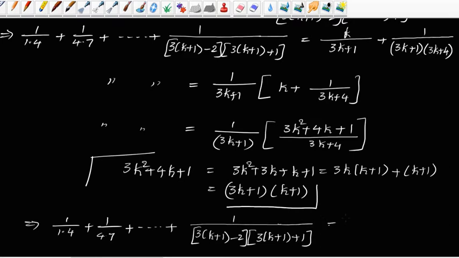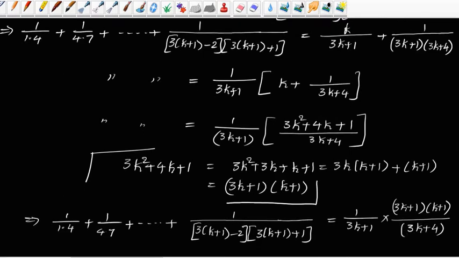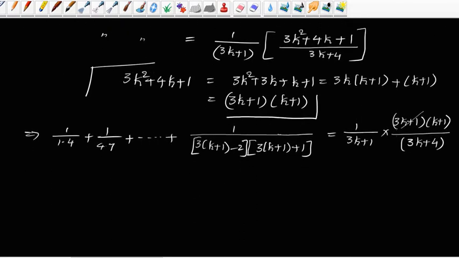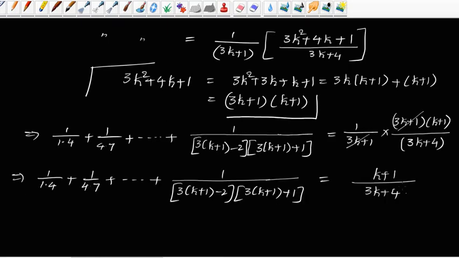Plus 1, which is equal to the final answer, 1 by 3k plus 1 into the factors 3k plus 1 into k plus 1 by 3k plus 4. Now cancel 3k plus 1 and 3k plus 1. Now we will get this answer.